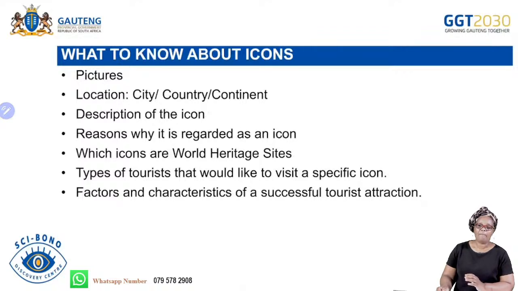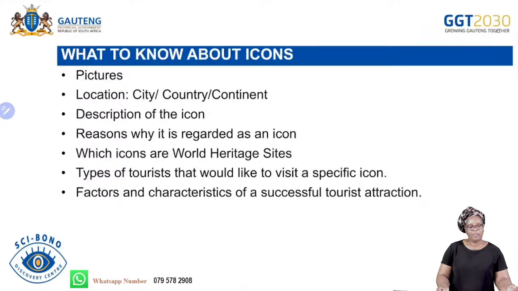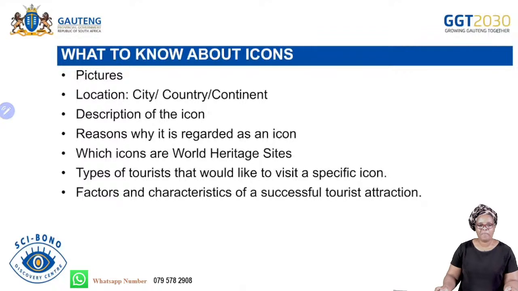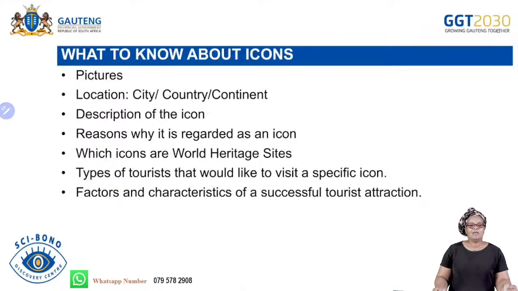What to know about these icons? You need to know the pictures. You must be able to understand. You must be able to identify these pictures when you see them. You must also know where they are found, their location, because they are located in different places, different icons.